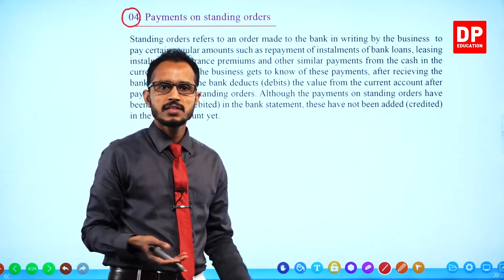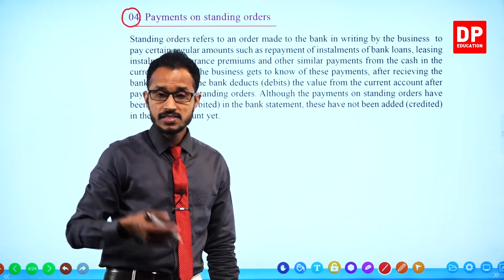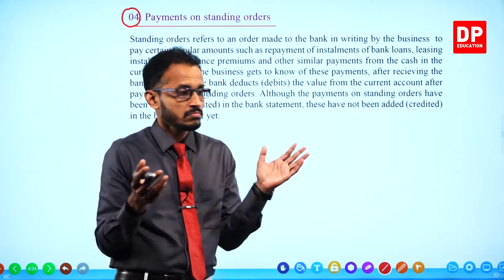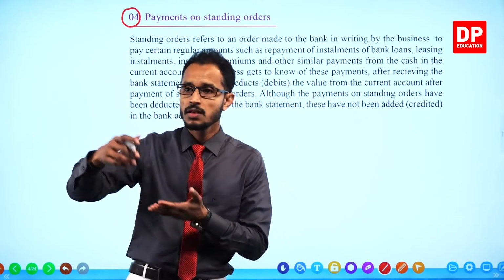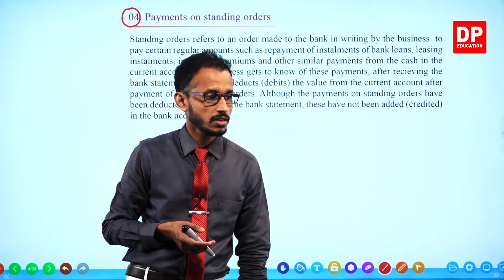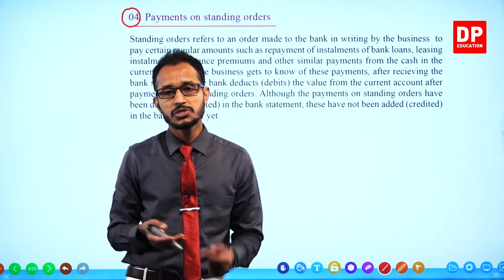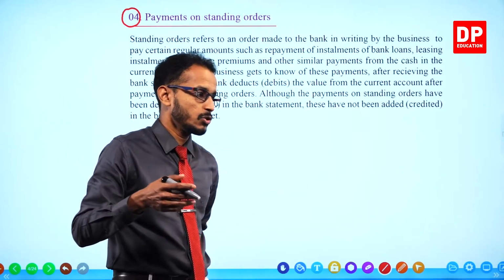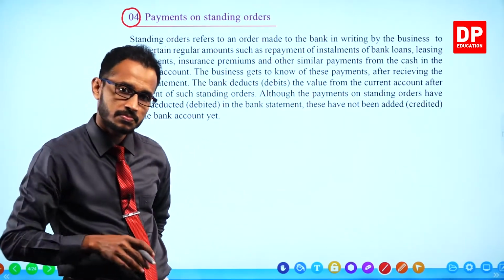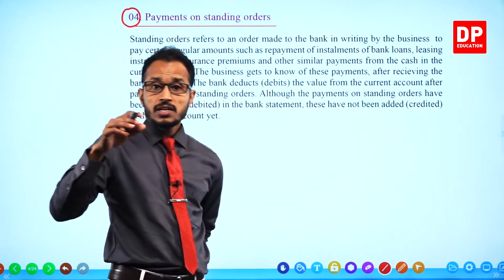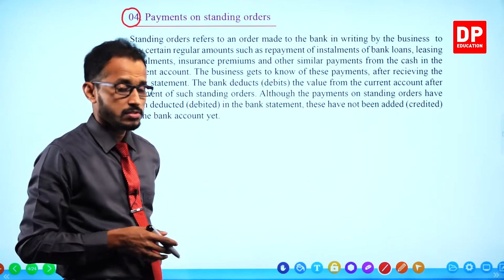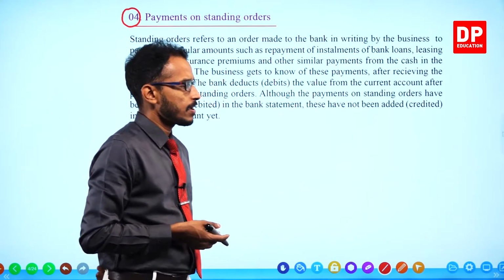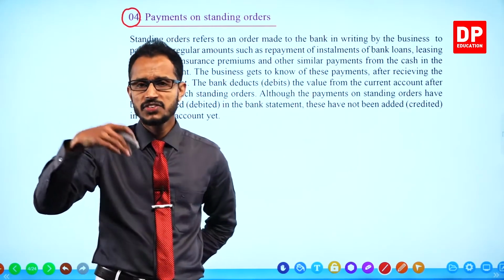It can be for various things, like the internet connection for the business. It could be the rent of the business. It could be for insurance of the business. For any type of payment. It could be for a satellite TV connection.